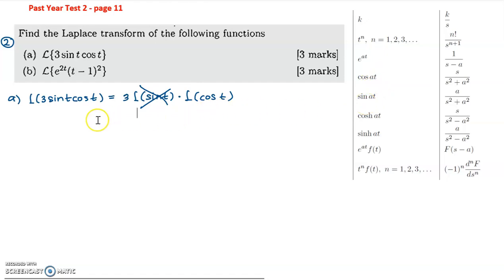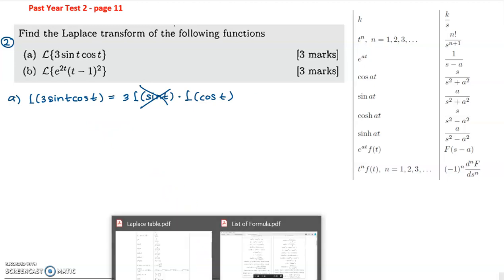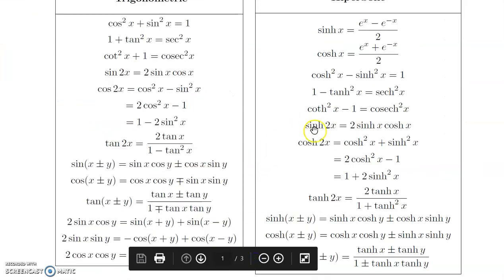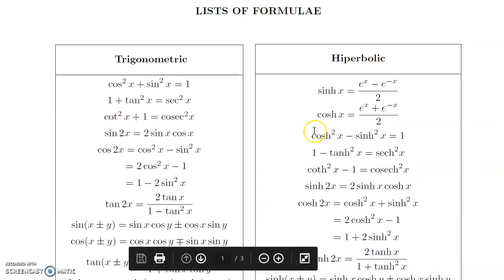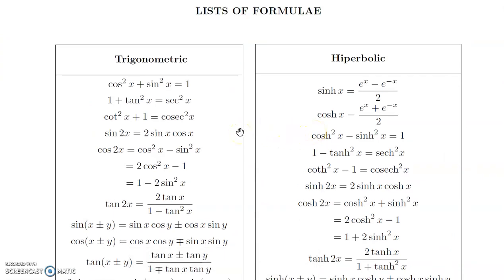So we need to refer to the identity of trigonometric functions. In the exam, you will also be given this list of formulas. The one related to our problem is this one: sine 2x equals 2 sine x cos x.